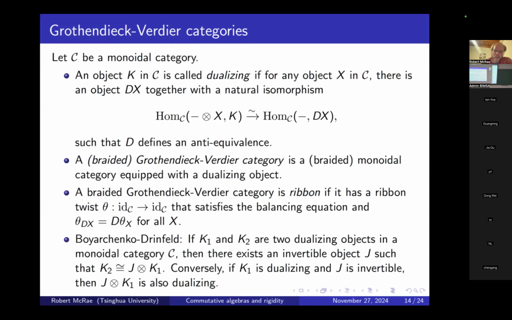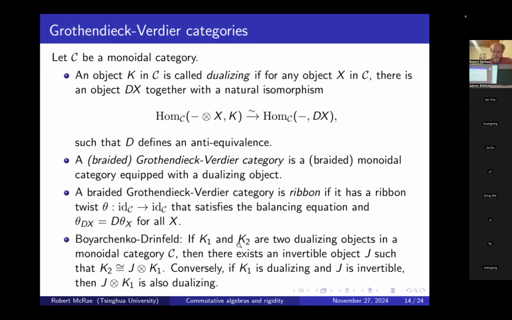And there's this nice observation of Boyarchenko and Drinfeld. So I think Boyarchenko and Drinfeld, I should say, are responsible for calling such categories Grothendieck-Verdier categories. I think this was about 10, 15 years ago. They published a paper on this. And one of the nice results in their paper is essentially a classification of dualizing objects in a category.